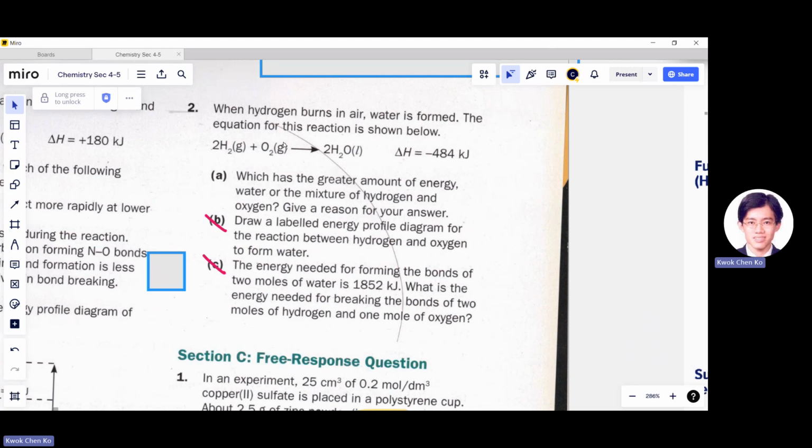Write the activation energy. Label the activation energy, label the delta H. Draw the arrow also.